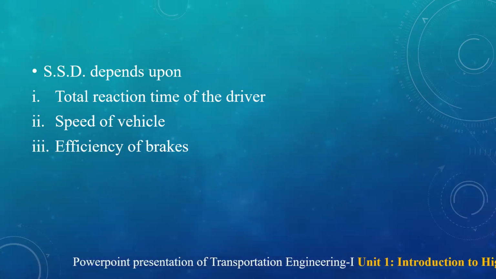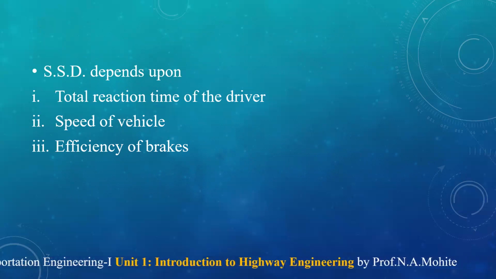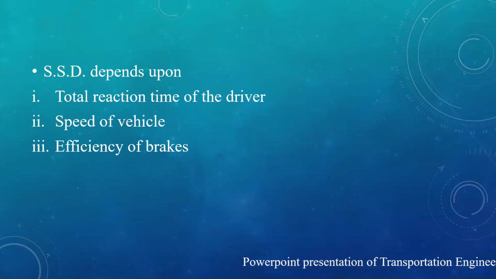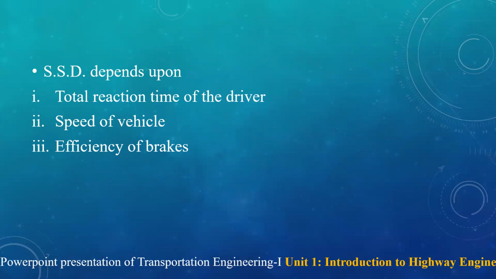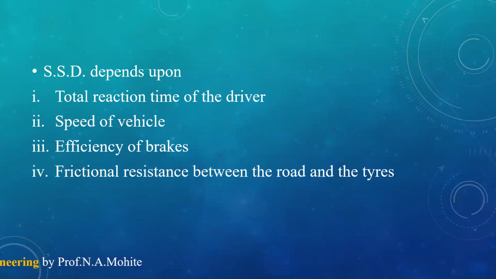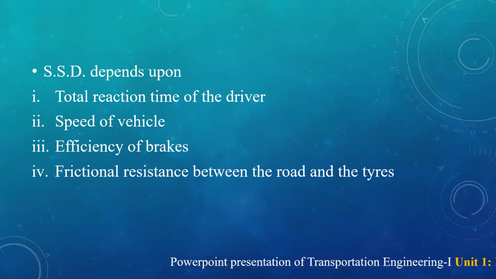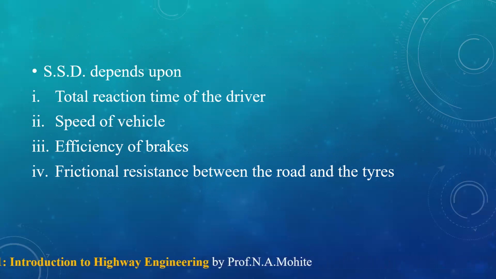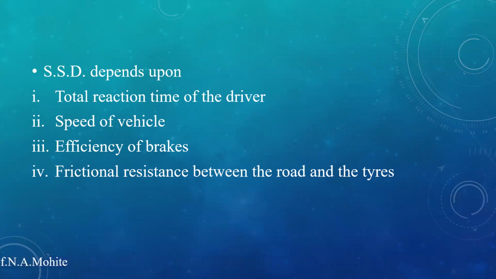Next one is the efficiency of the brakes. Whether you are going to make use of the regular brakes, ABS brakes, or the handbrake, the efficiency of the brakes is required when you bring your vehicle to a stop. Then frictional resistance between the road and the tires, that is, how much tire pressure is maintained in the tire so that it can have proper frictional resistance when you are moving and going to bring the vehicle to a stop.